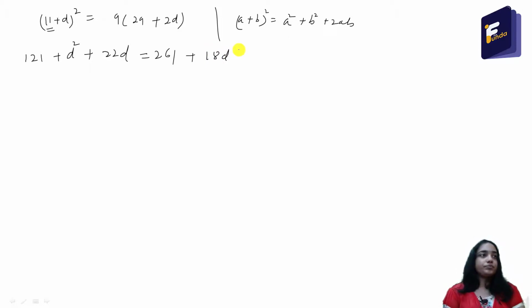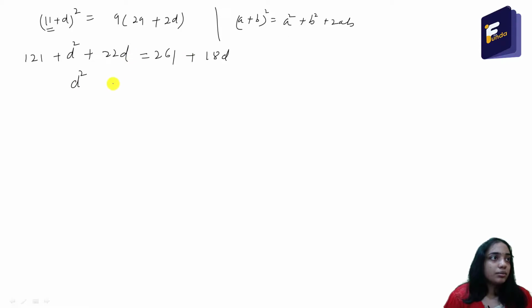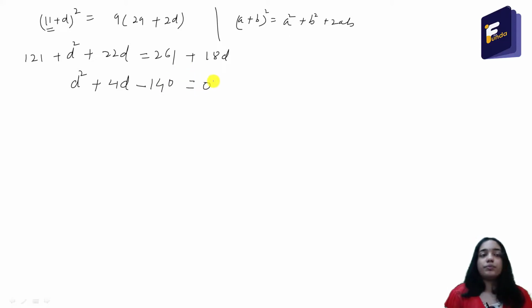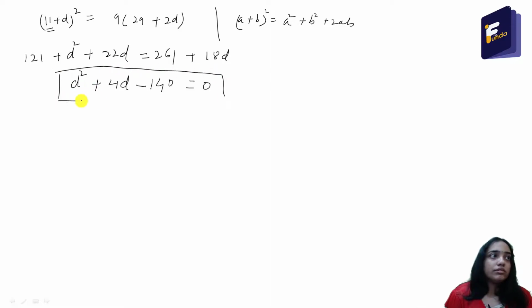Now we have got an equation. By rearranging it, we get D square plus 4D minus 140 equals 0. So again I have got a quadratic equation and I have to solve for the value of D.